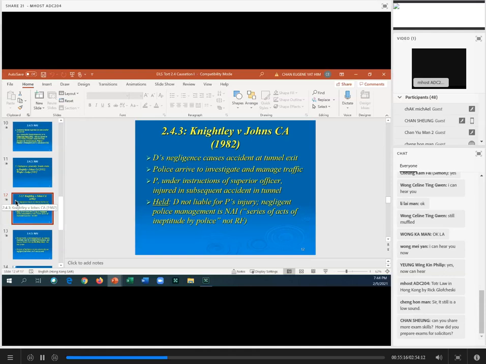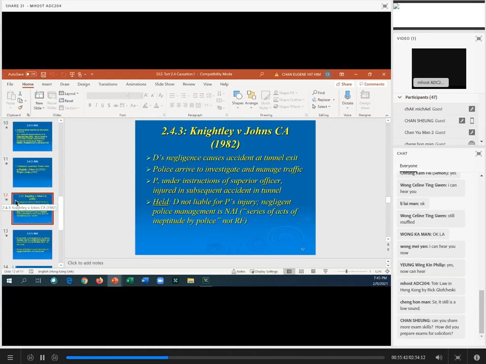That's the issue. Well, certainly the but-for test was satisfied with regard to the first driver, but for the fact that his car broke down, actually causing an accident at the tunnel exit. But then there was another possible cause, and that was the actions of the police. Now, was it reasonably foreseeable that the police would arrive to investigate and manage the traffic?